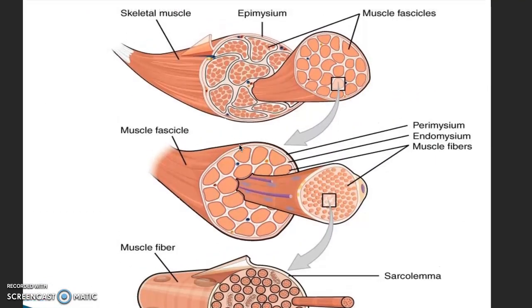So this is the skeletal muscle. As you can see, this is the skeletal muscle as a whole, but the skeletal muscle is wrapped in the epimysium.